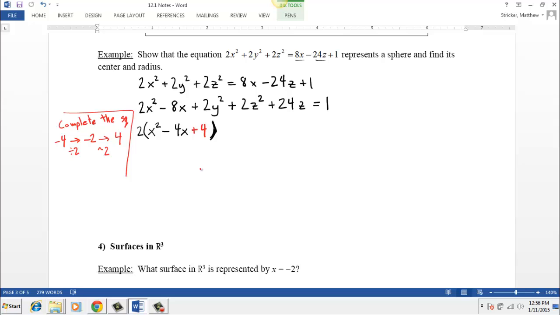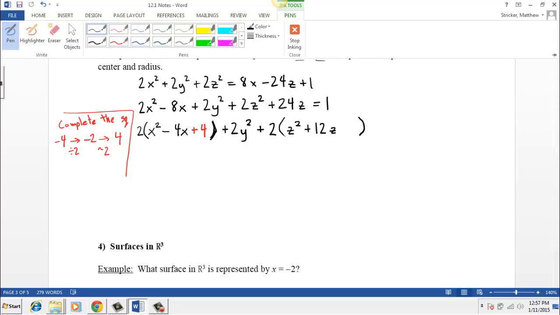Y squared we will not be completing the square on, so let me rewrite that. 2y squared. But we also need to complete the square on the z's because we have 2 terms there. So again, if we pull out a 2, we have plus 2 times the quantity, z squared plus 12z plus something. I'm going to leave some space in there.